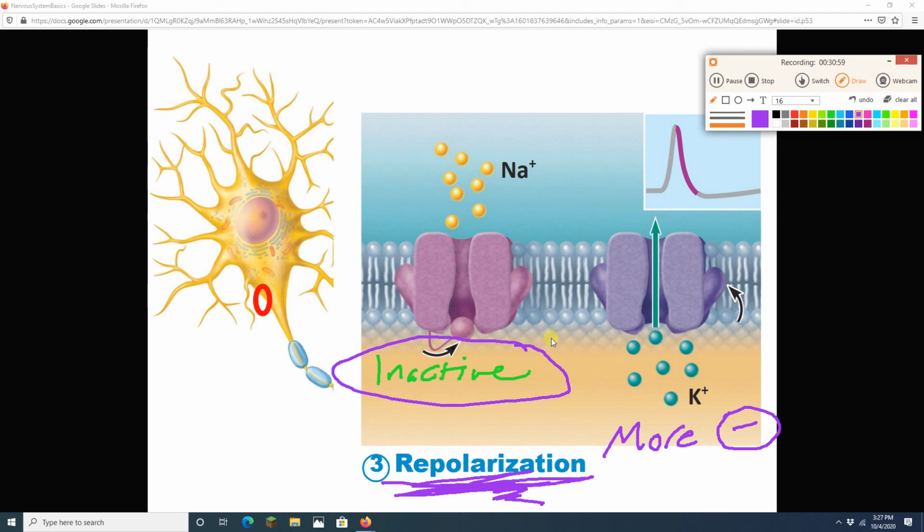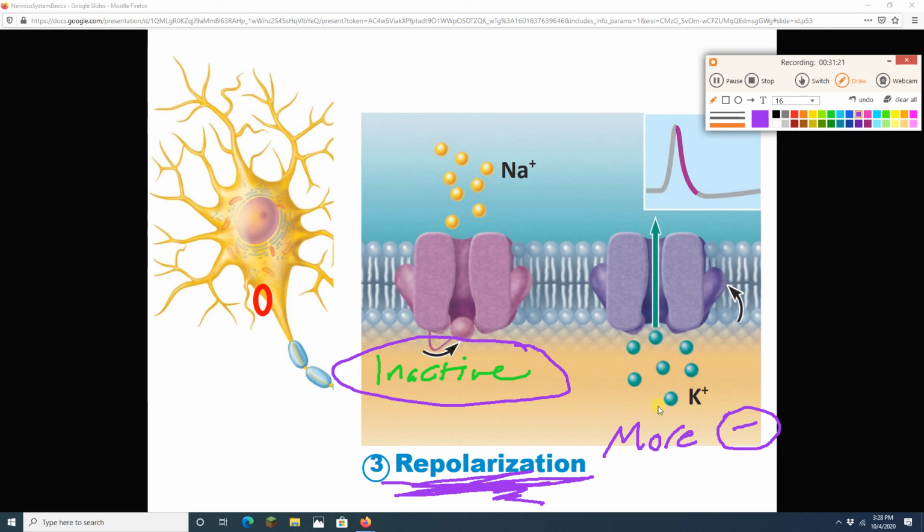Okay. The time lag between these two channels opening is super ideal. Think about it. If the sodium and potassium channels opened at the same time, sodium would rush in, potassium would rush out, and nothing would happen. But because sodium rushes in first, we get depolarization.